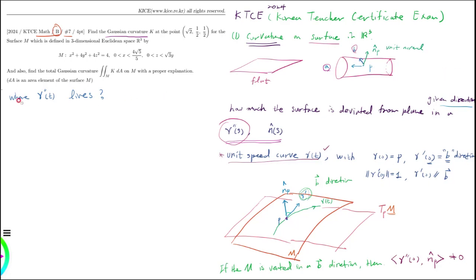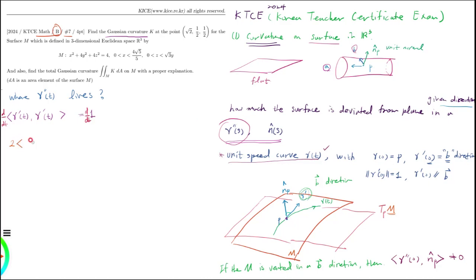From the condition of unit speed, its inner product will be 1, and then by taking another derivative with respect to t here, the curve is already a unit speed curve.